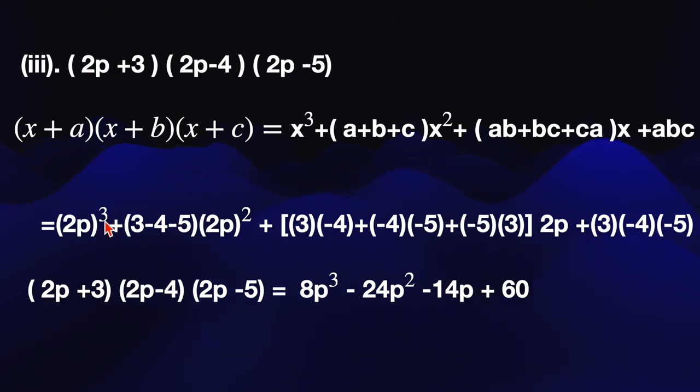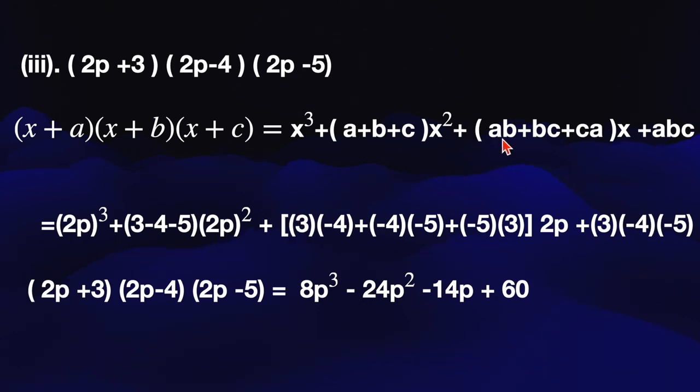So 2p whole cube plus a plus b plus c. So what is 3 plus minus 4 plus minus 5? 3 minus 4 minus 5, into x square. So x is 2p, so write 2p in brackets whole square. Okay, now put a big bracket.